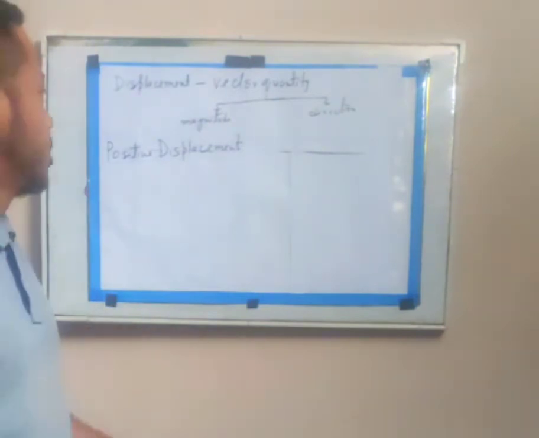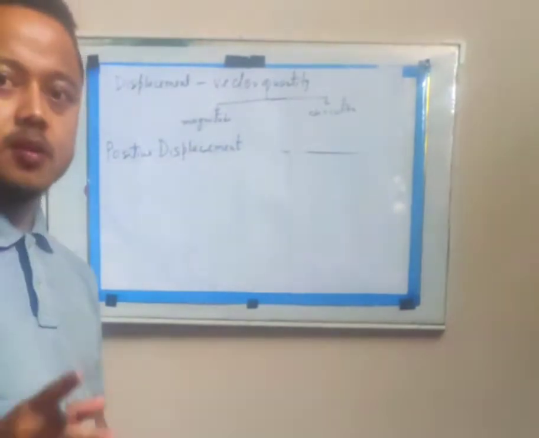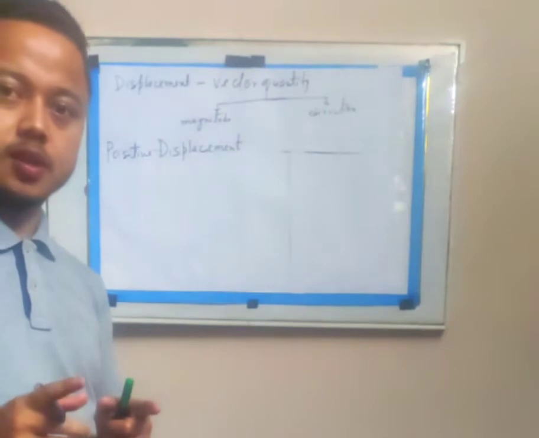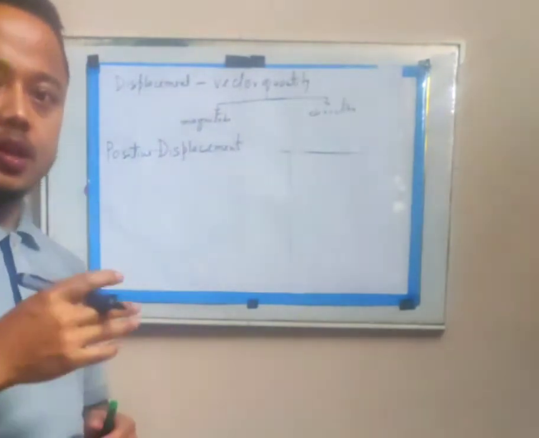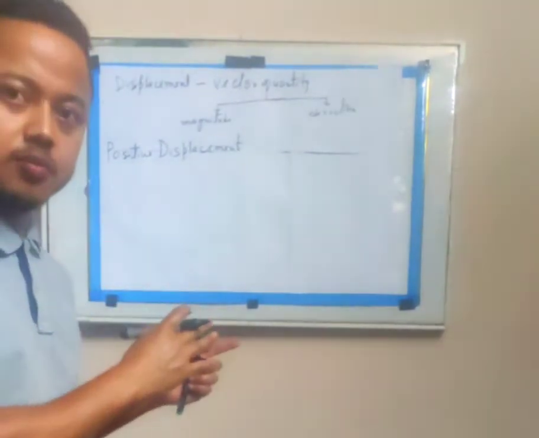How is the displacement positive? The displacement of an object is positive if the final position of the body is to the right side of the initial position of the body. I will draw a diagram so you will understand better.